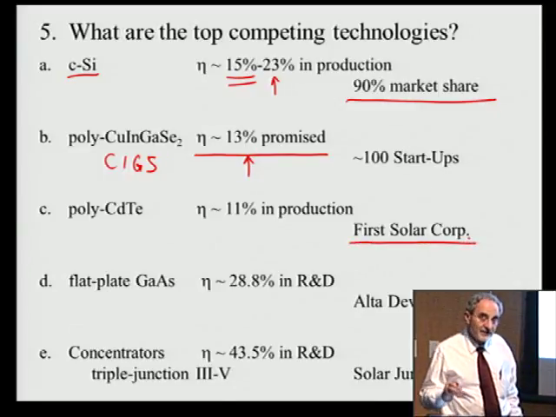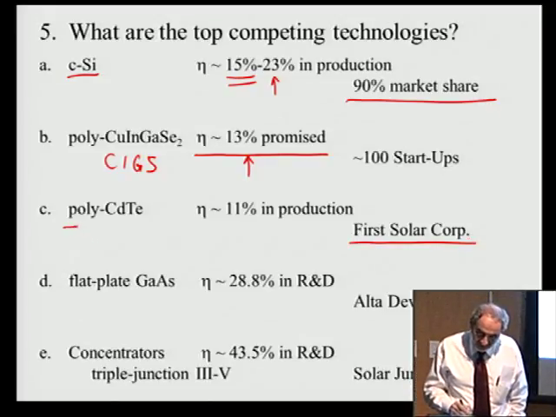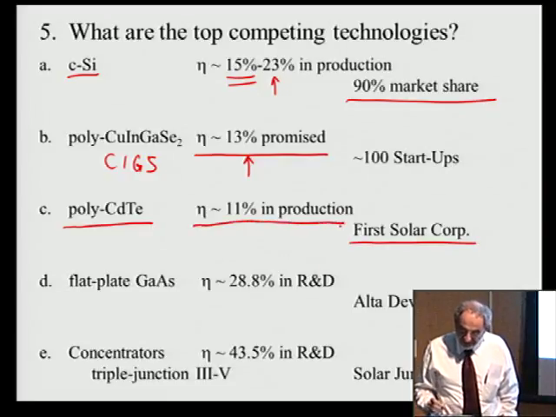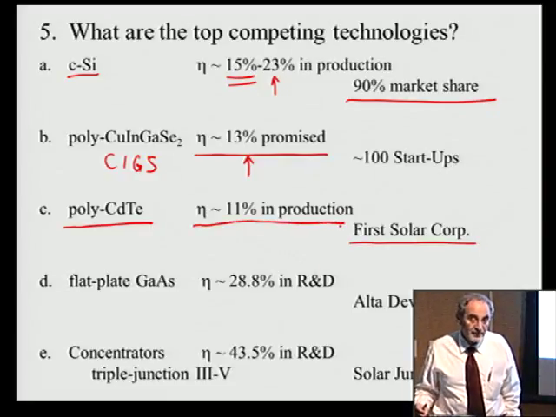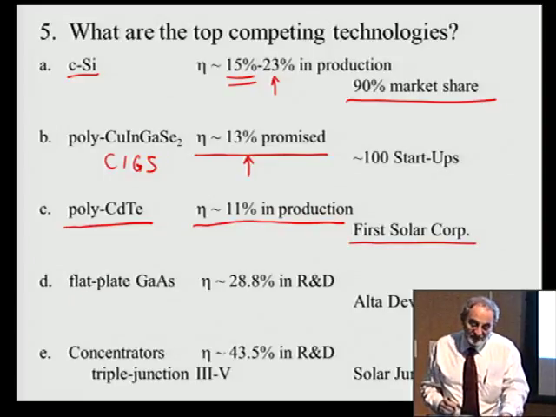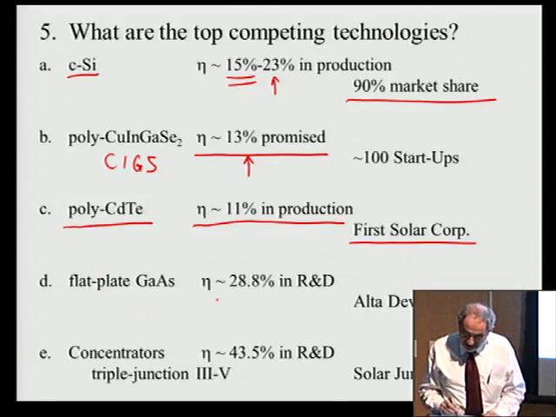On the other hand, you have First Solar. This is the darling of Wall Street. Has the highest market capitalization. They're the only ones who are making cadmium telluride solar cells, but the efficiency is not great. Obviously, Wall Street disagrees with me. I think this company is in trouble. Okay. Then we have flat plate. Now, flat plate doesn't mean that it's a plate that's flexible, as you can see, but what it means is that it's not a concentrator, and so it accepts all the rays of the sun, and the record that I showed you was 28.8%.